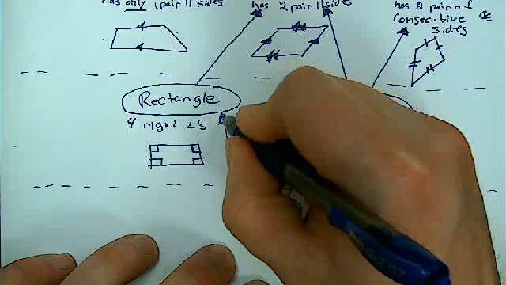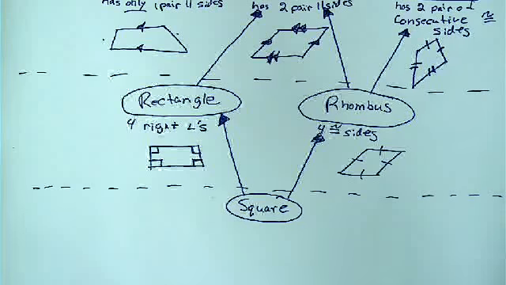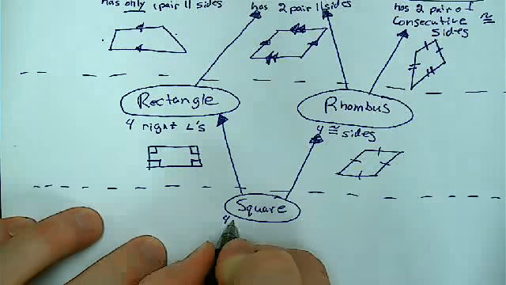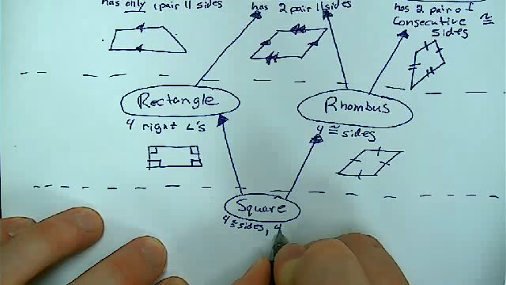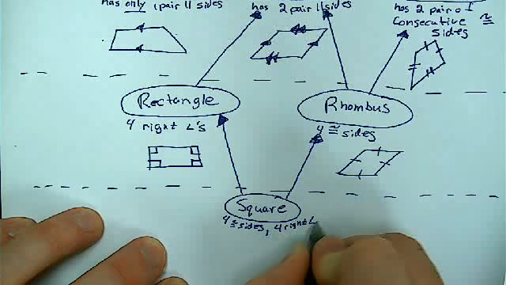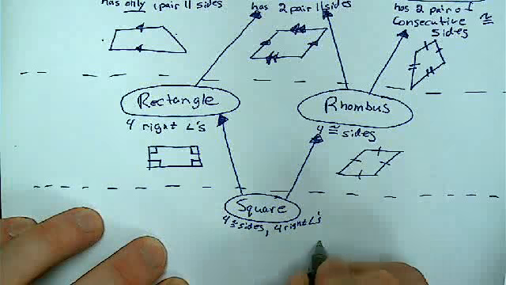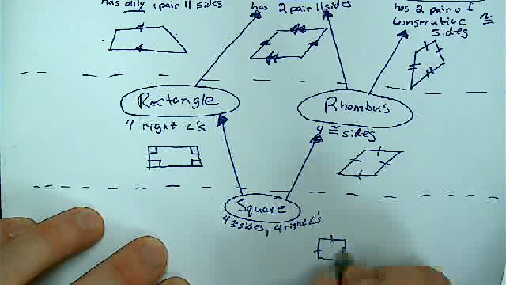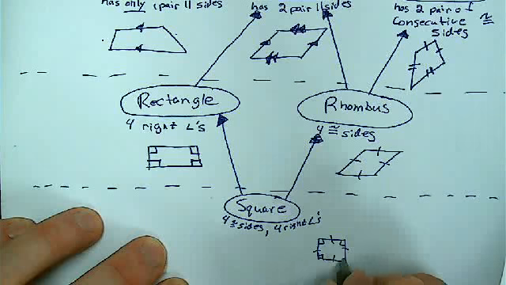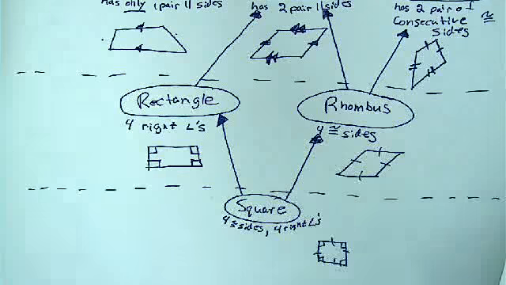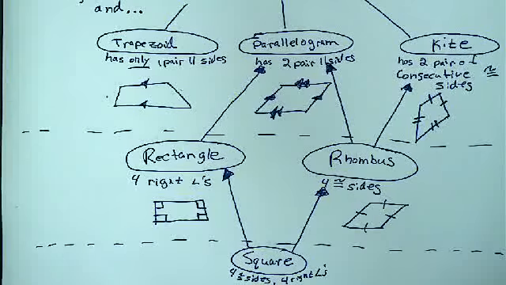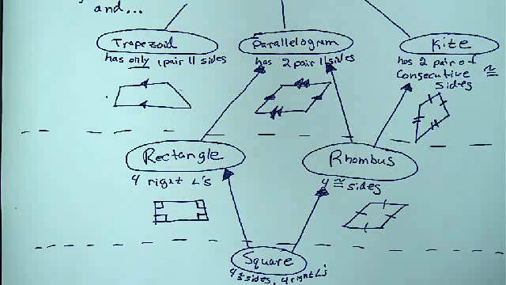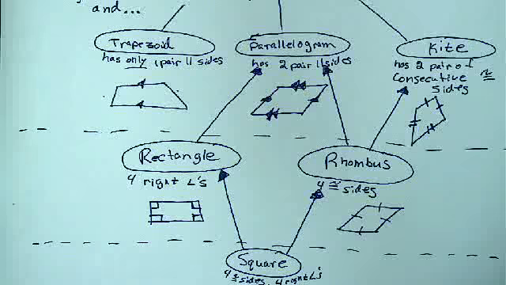If a figure is a rectangle and a rhombus, then it's a square. So 4 congruent sides and 4 right angles. I'll leave that like that just for a second.